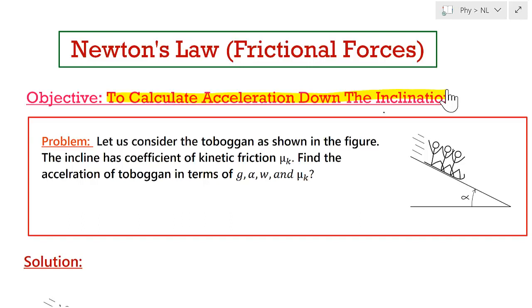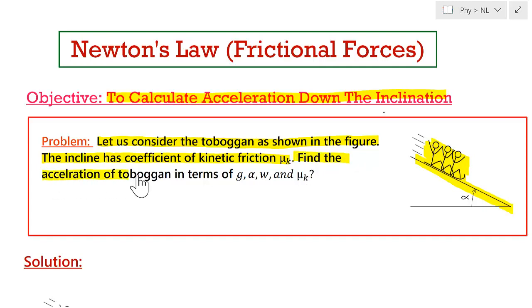So the problem says, let us consider the toboggan as shown in the figure. So this is the toboggan that we have. The inclined surface has coefficient of kinetic friction mu k. So this surface is not a smooth surface, this is a rough surface, and the kinetic friction coefficient is given, and this is mu sub k.